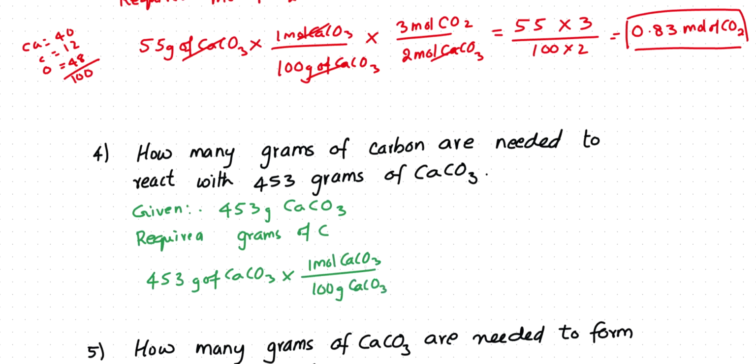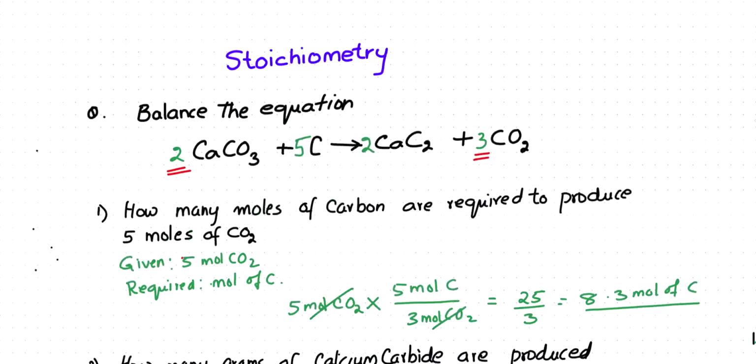So the ratio of calcium carbonate and carbon is 2 and 5. So 2 calcium carbonate, 5 carbons. So this is the mole ratio.